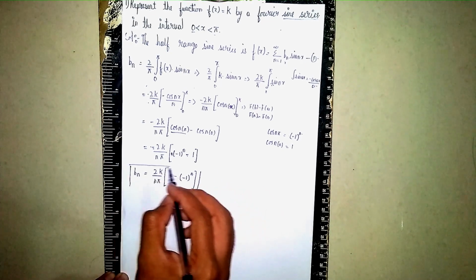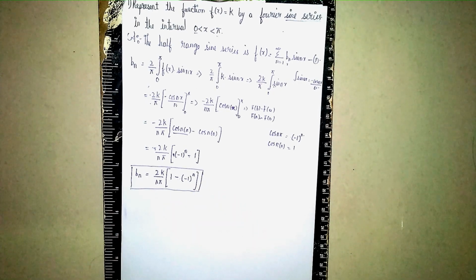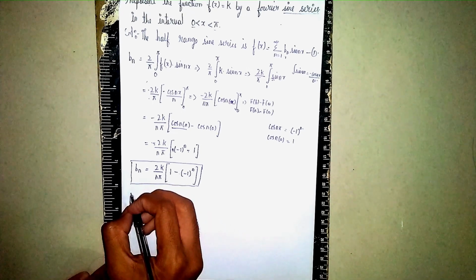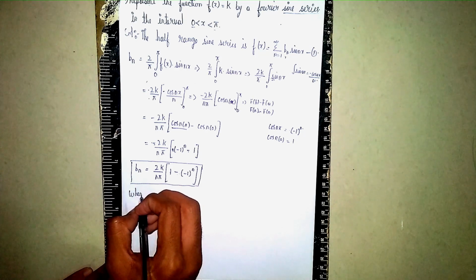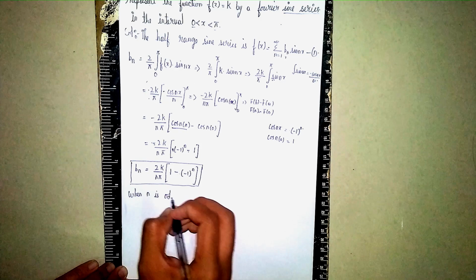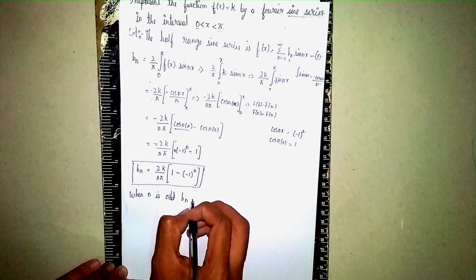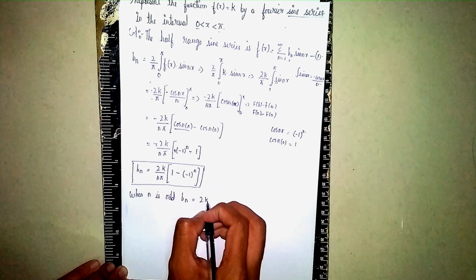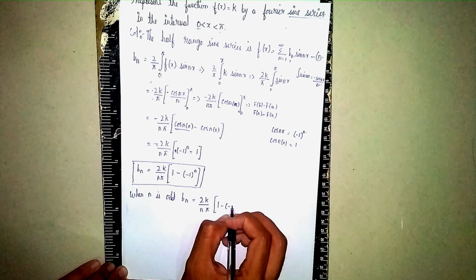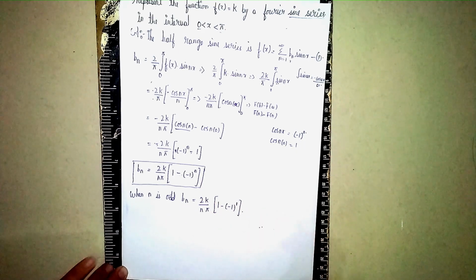Always remember, when we get a power n value, we have to check odd and even. When n is odd, that is 1, 3, 5, bn is equal to 2k by n pi into 1 minus minus 1. Instead of n we substitute power 1.